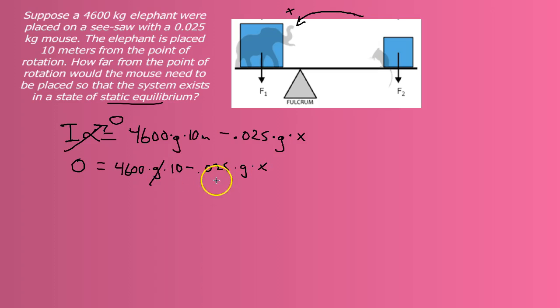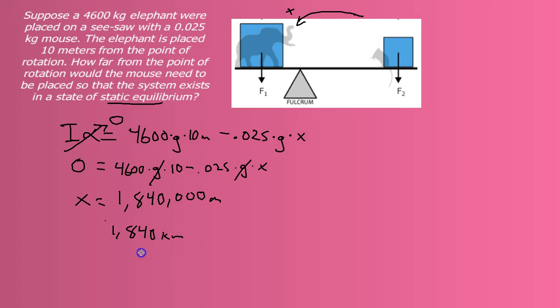We can divide g out, and solving this we get that the mouse would have to be 1,840,000 meters away, which is the same thing as 1,840 kilometers away.